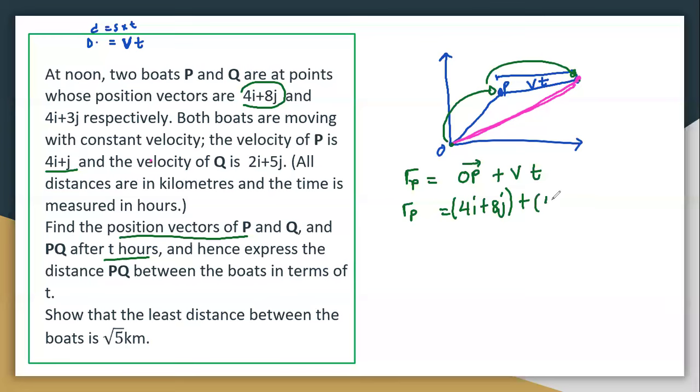Here I say, this is 4i plus j, then times T, because we don't know the time. So this will equal 4i plus 8j plus, now this time multiplies the velocity, so I can have 4Ti plus Tj.